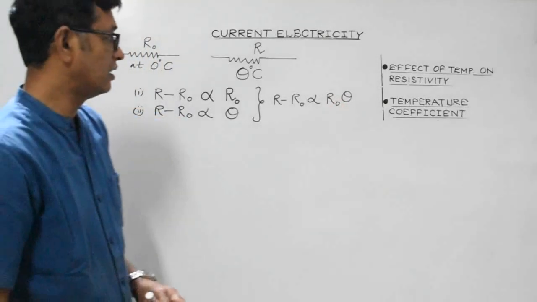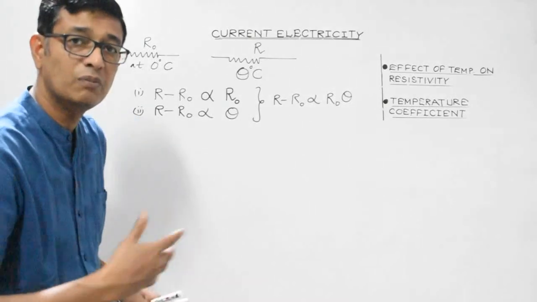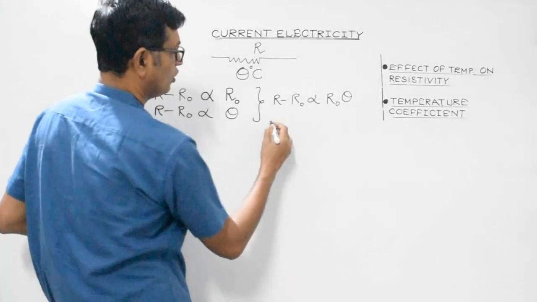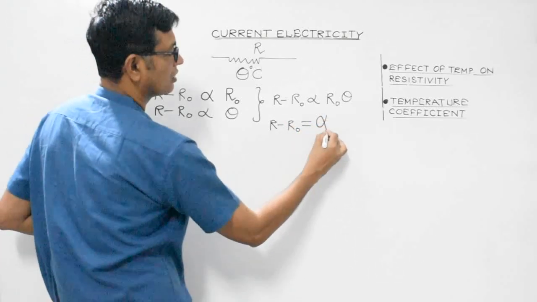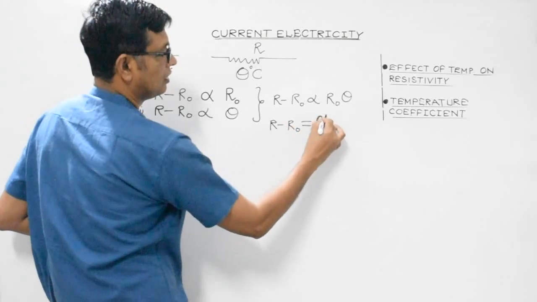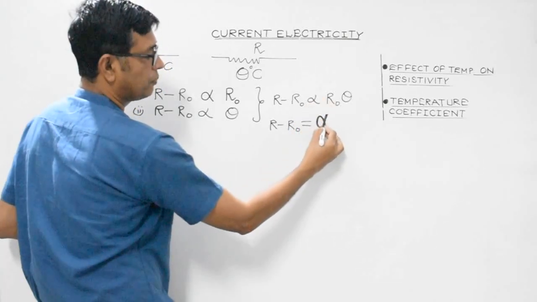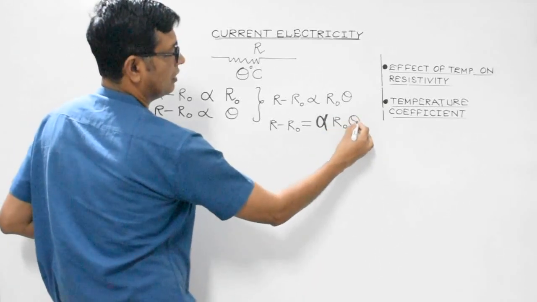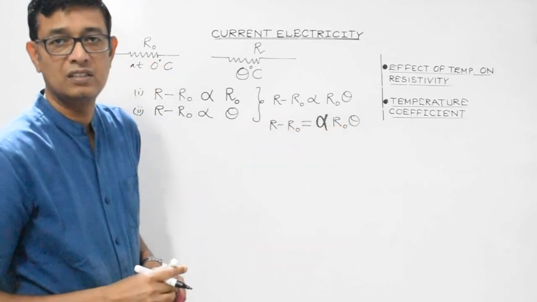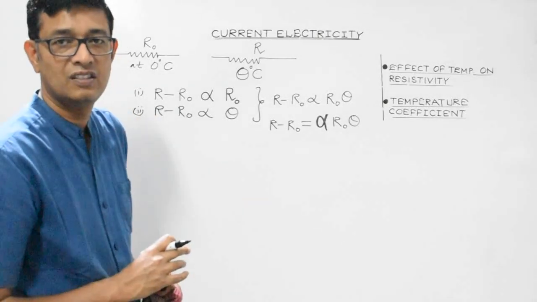Now students, we are aware, in order to eliminate this proportionality sign, we need to introduce some constant, right? So R minus R0 is equal to alpha R0 theta. This is the proportionality sign and this is the constant of proportionality, that is alpha. Students, this constant is known as the temperature coefficient of the substance.